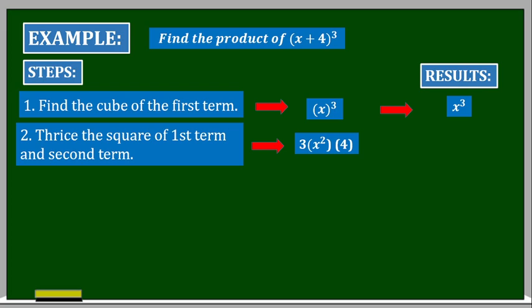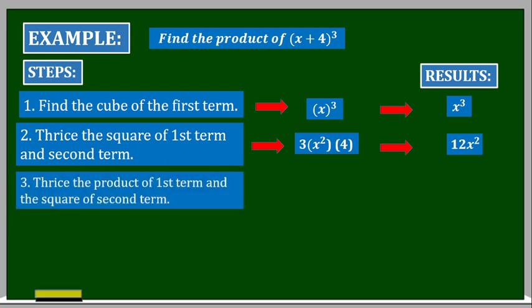So, naging 3 times x squared times 4, and that gives 3 times 4 is 12, x squared. Ayan. Yan yung step number 2. Anong gagawin natin? 3 multiplied by square of the first times the second term. O, ganun lang siya kadali.